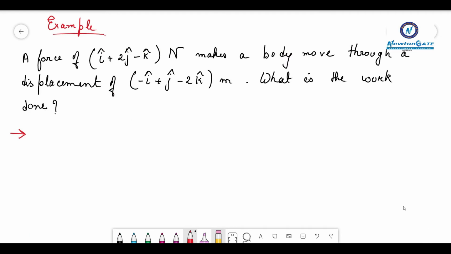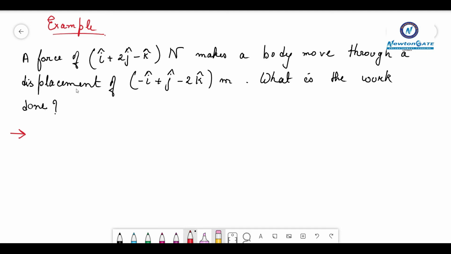So let us solve an example involving scalar product. What kind of a value is a scalar product? Work. Right, so work, what is the formula of work? It is force into displacement.